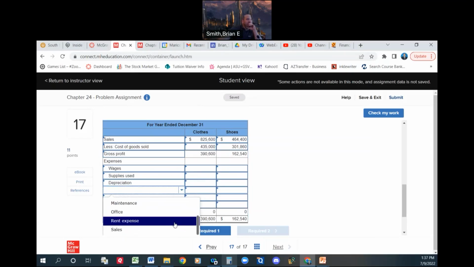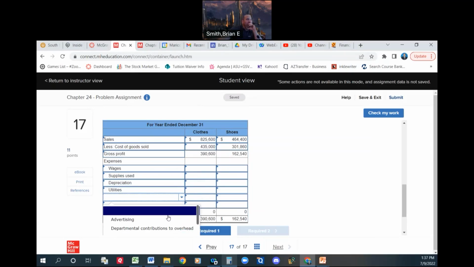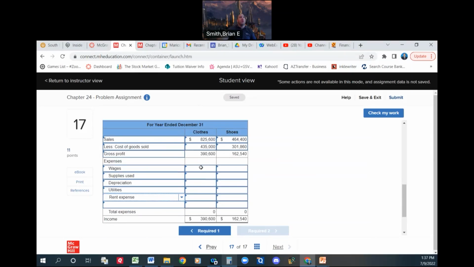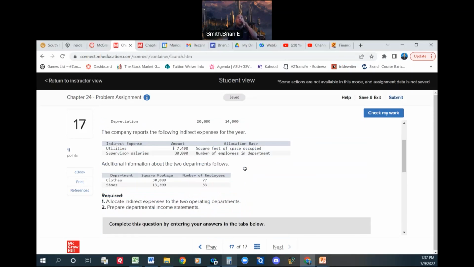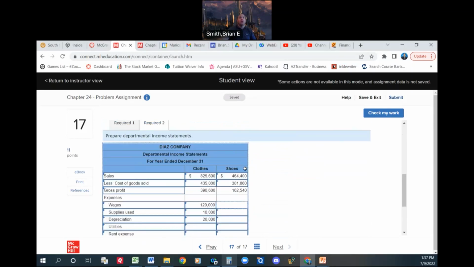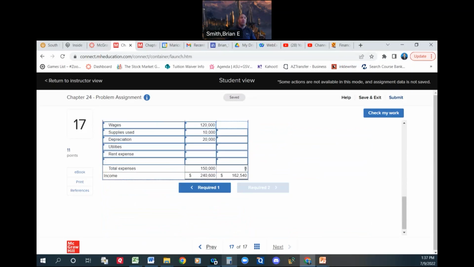Rent expense and utilities, right? Okay. Let's go up here. We're going to just translate this down here. 120, 10, and 20. And then for shoes, it was 82, 10, 9, and 14.